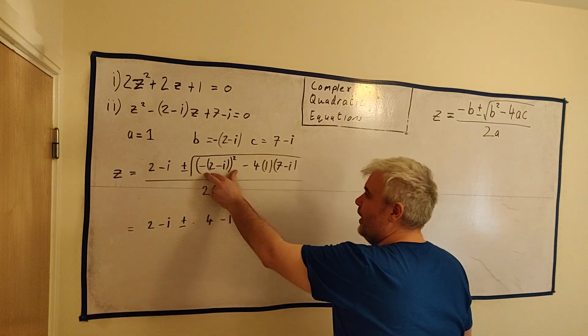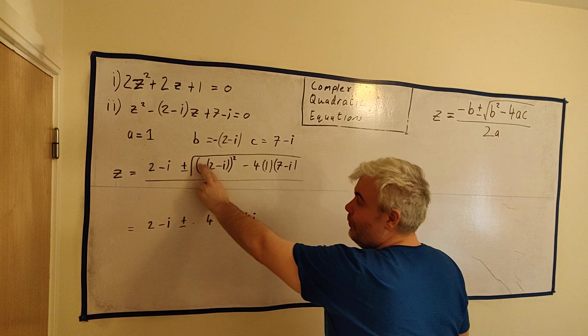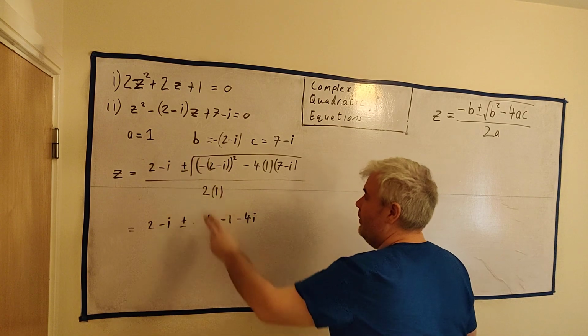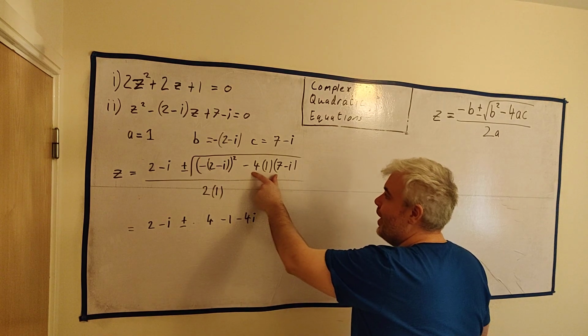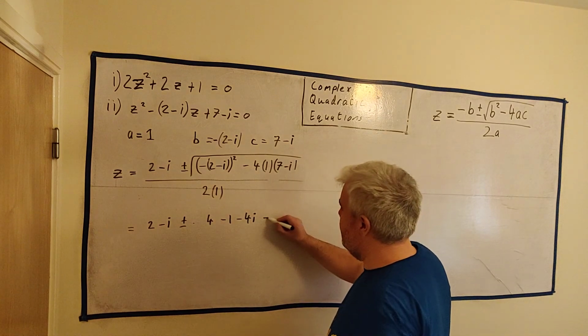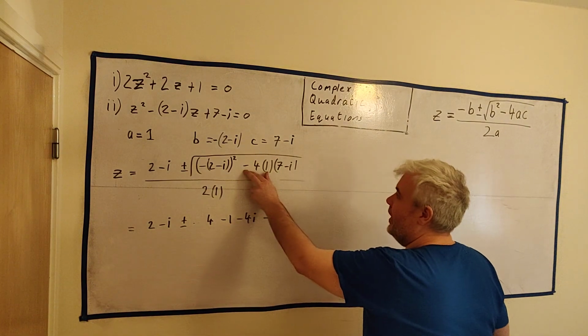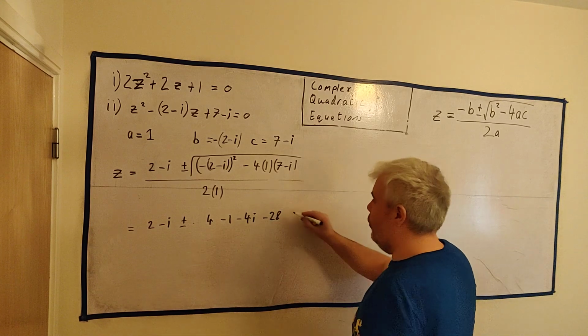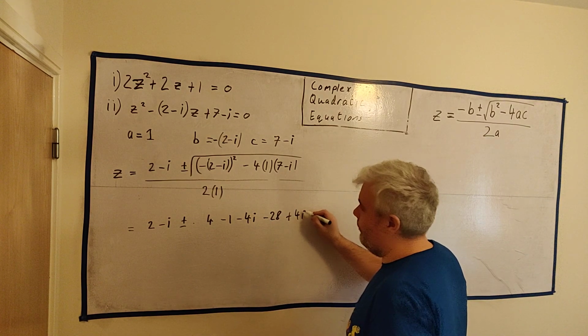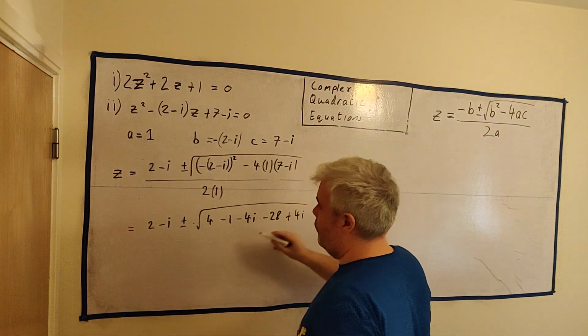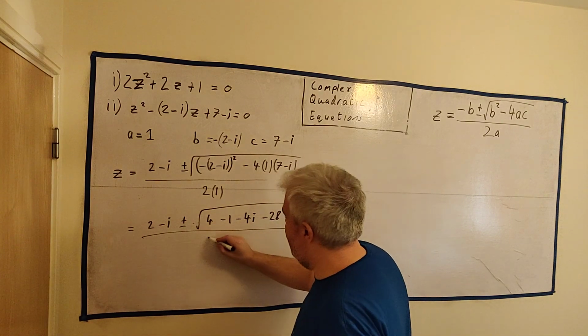So that's all that multiplied out. We don't need to worry about the minus because it became a plus. So I'm really just squaring this bracket here. Okay, this comes out as minus 28 is the real parts. And then minus, so plus 4i. Square root, all divided by 2.